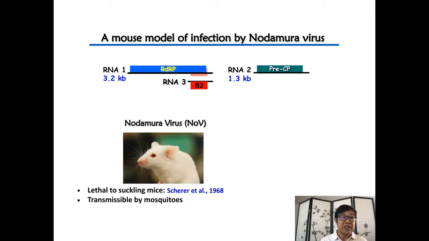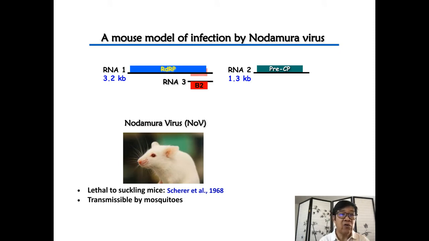Nodamura virus contains a small positive-strand RNA genome divided into 2 segments and encodes only 3 functional proteins in total. The capsid protein precursor is encoded and translated from RNA2.